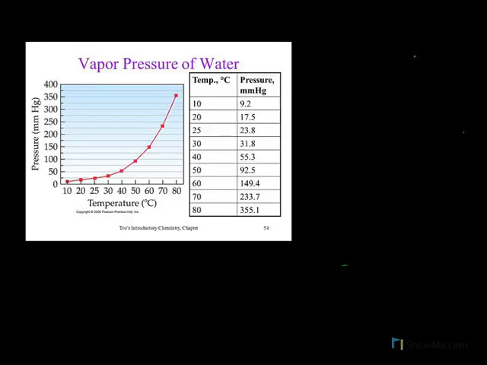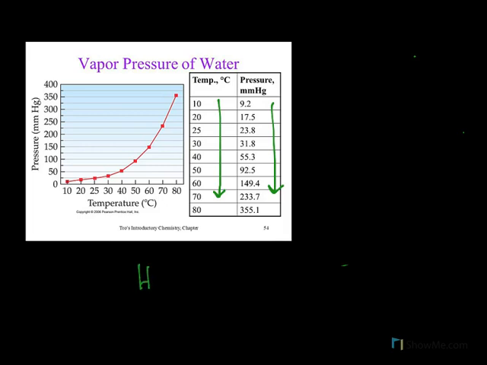So in this figure, I show the different vapor pressures of water as a function of temperature. As you can see, as the temperature of the water increases, going down, the vapor pressure increases, which makes sense.